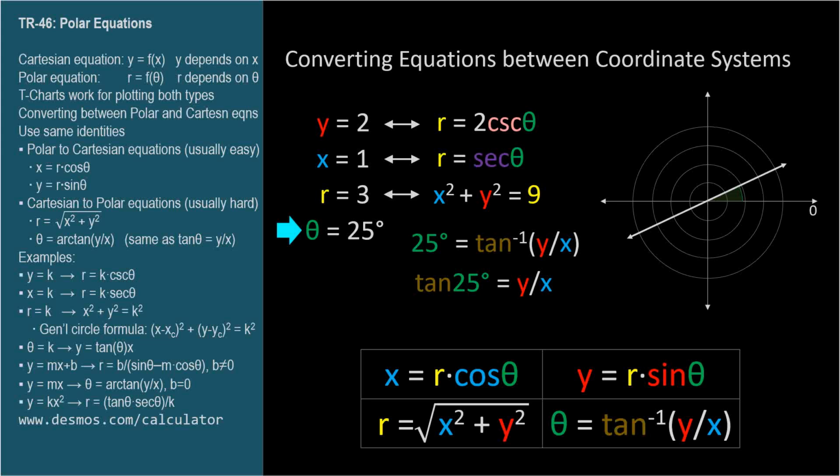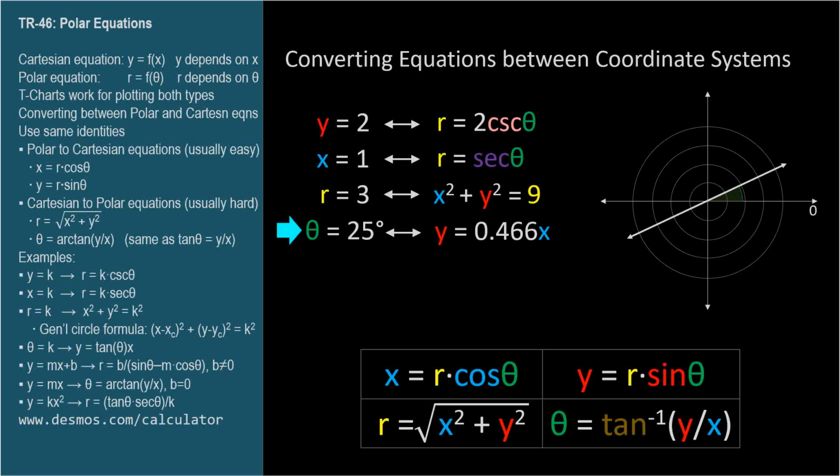To isolate y and get y in terms of x, we multiply both sides by x and flip the equation around to get y equals tangent 25 degrees times x. Our calculator will tell us that tangent 25 degrees is about 0.466, so the Cartesian equation of the line is y equals 0.466x. So we've covered converting the four simplest equations back and forth.